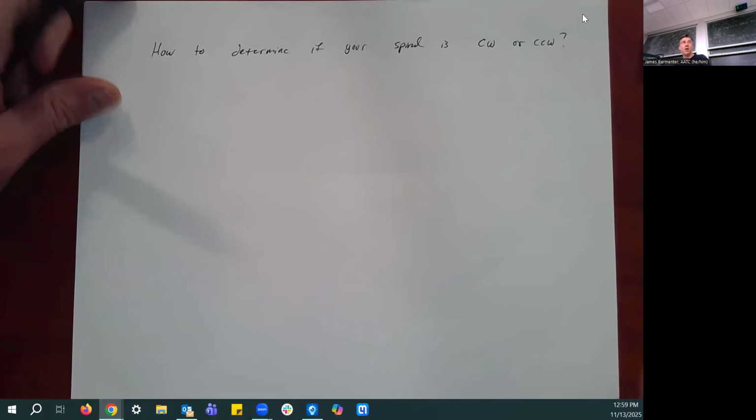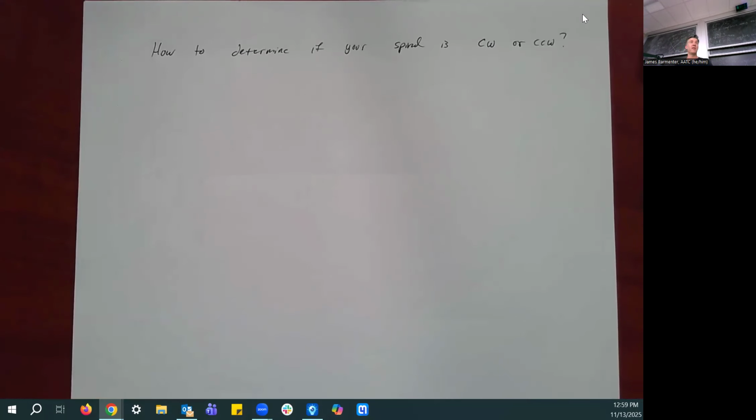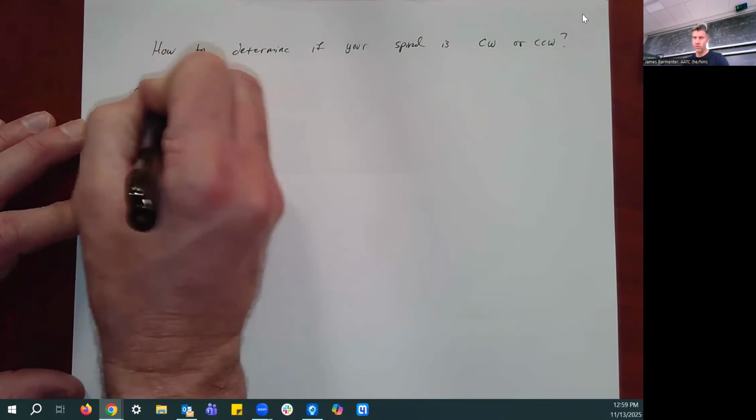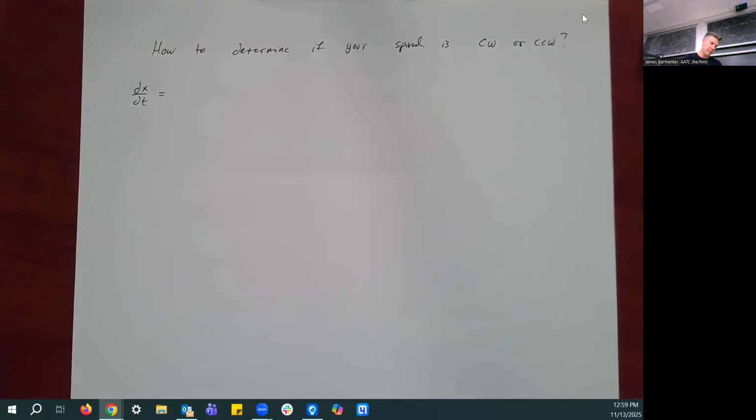So let's say we have the following system of linear differential equations. We have dx/dt equal to x plus 2y, and dy/dt is going to equal negative 3x plus y.